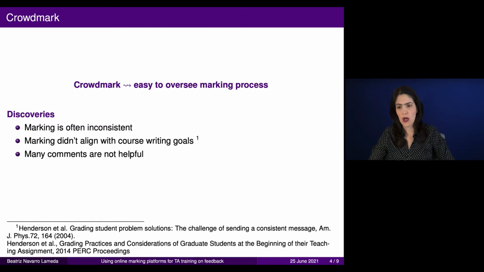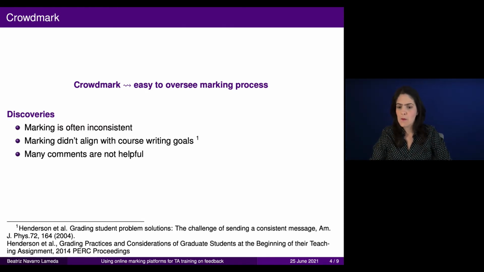Marking didn't align well with course writing goals, and this has already been talked about in the science education literature, specifically in physics, where Henderson et al. had several publications talking about how there is a challenge of sending a consistent message to the students, where we tell them that we value the quality of their explanations, but then the marking is not reflecting that, and TAs just go and check the validity of the math line by line without looking at a bigger picture and the quality of the explanations.